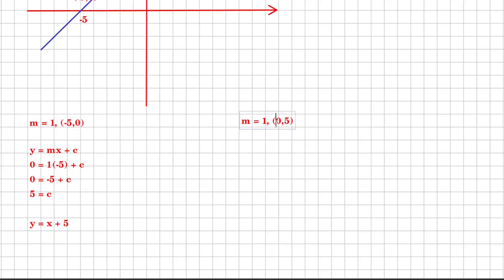Let's come back to this one here. We said y minus y1 equals m into x minus x1. Now let's go ahead and substitute here.